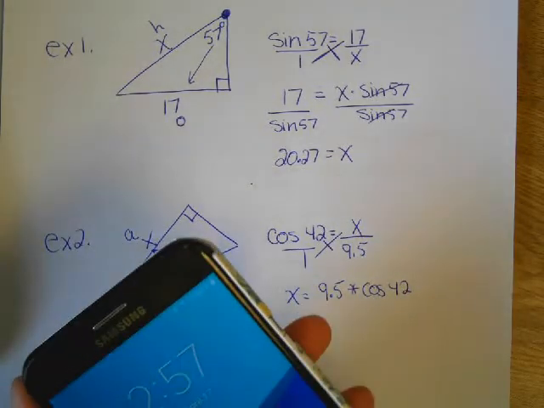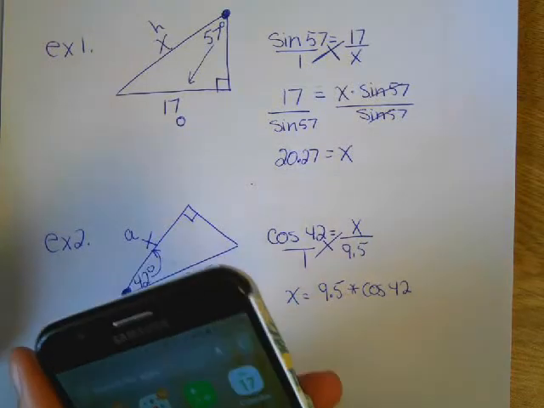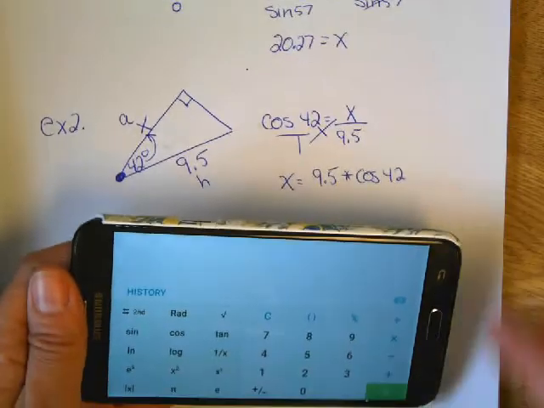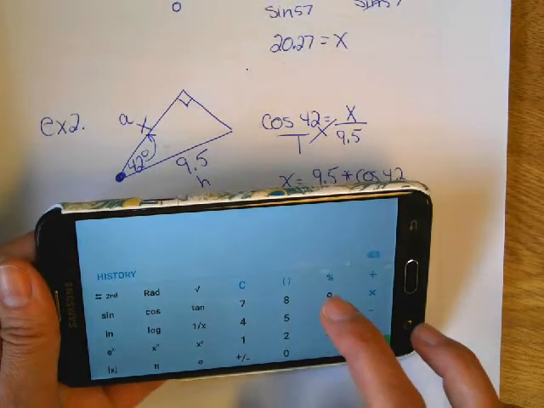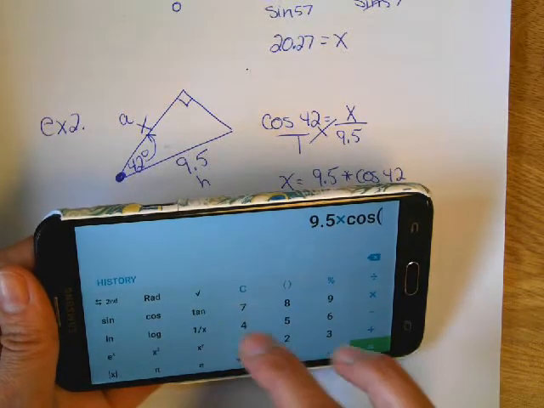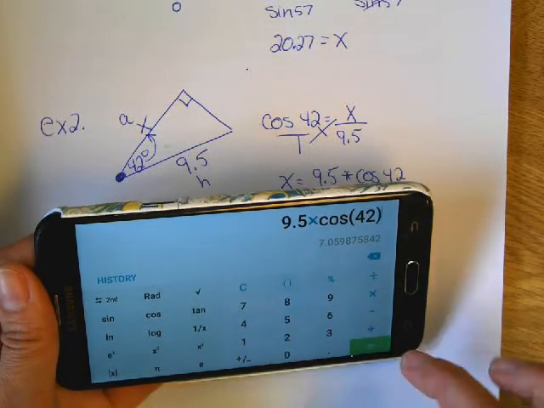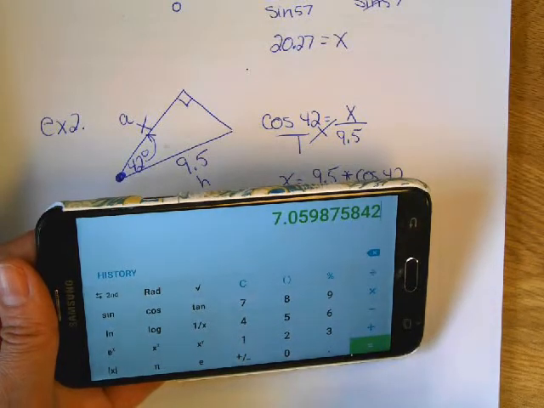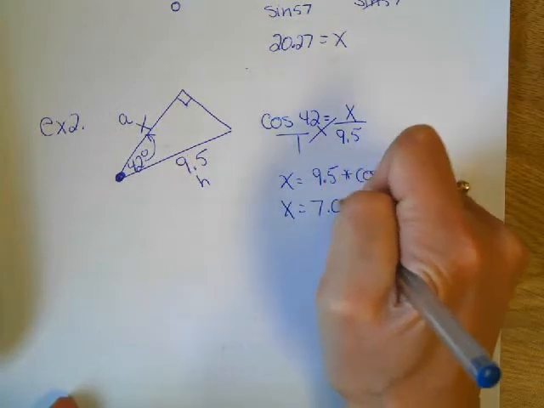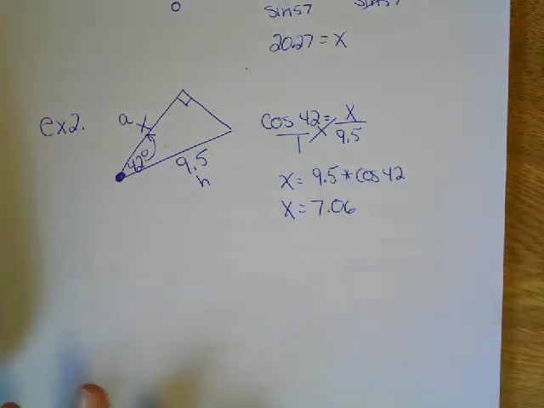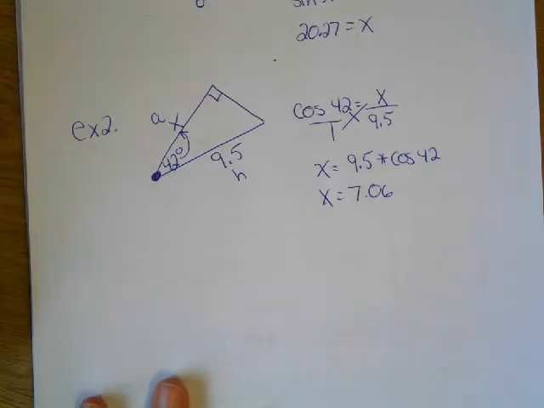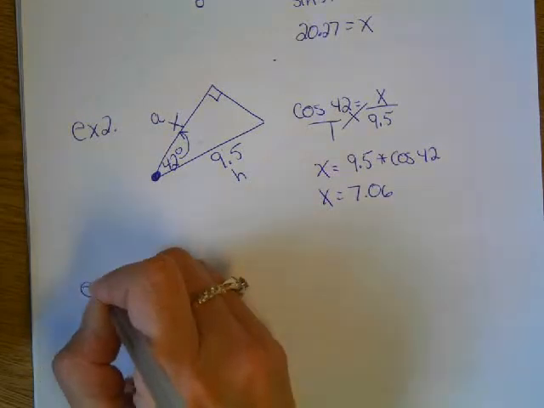I'll use my phone calculator this time just to change it up. 9.5 times the cosine of 42, 7.06. Let's go for another one.